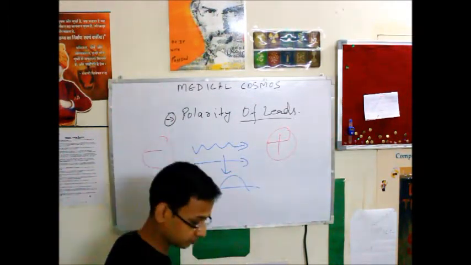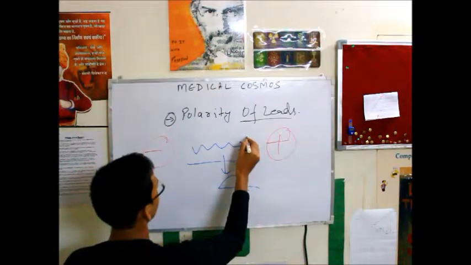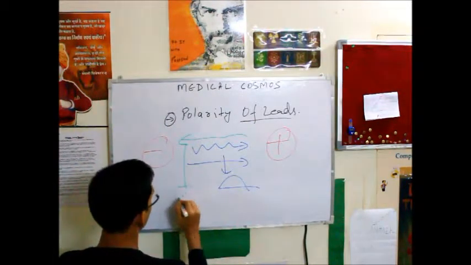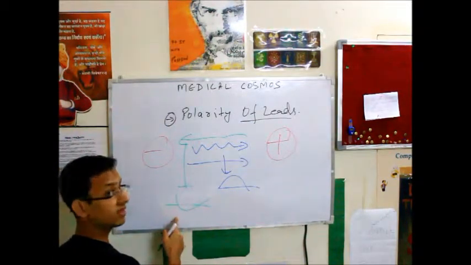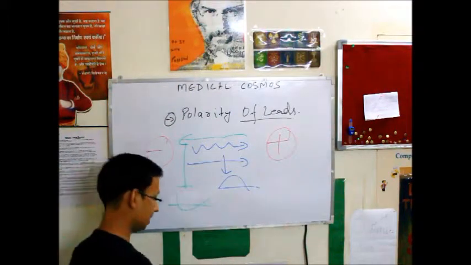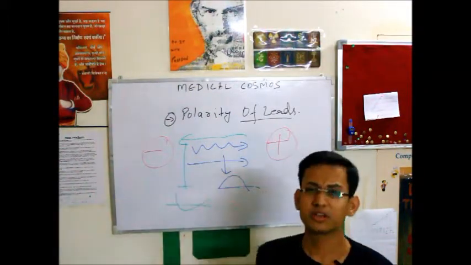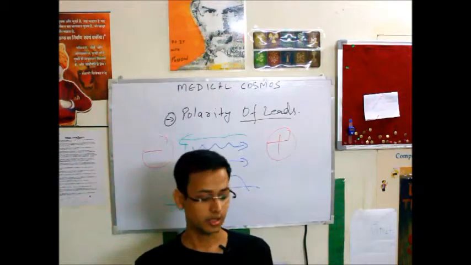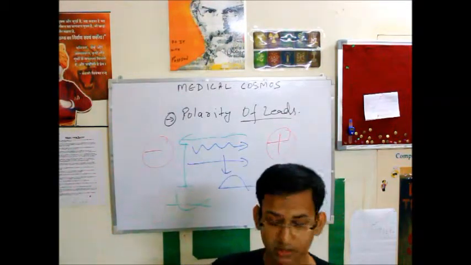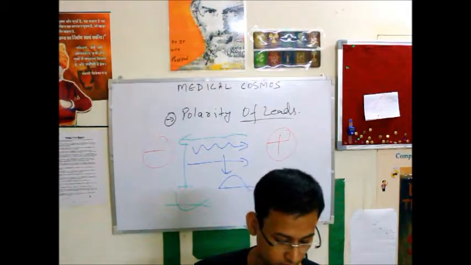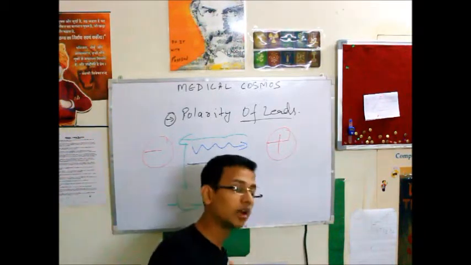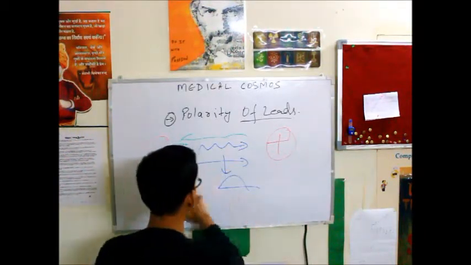If it is traveling the other way, we record a negative deflection. It is a positive deflection and a negative deflection. It's a very primitive concept, and it is expected that you know this before understanding the cardiac axis.